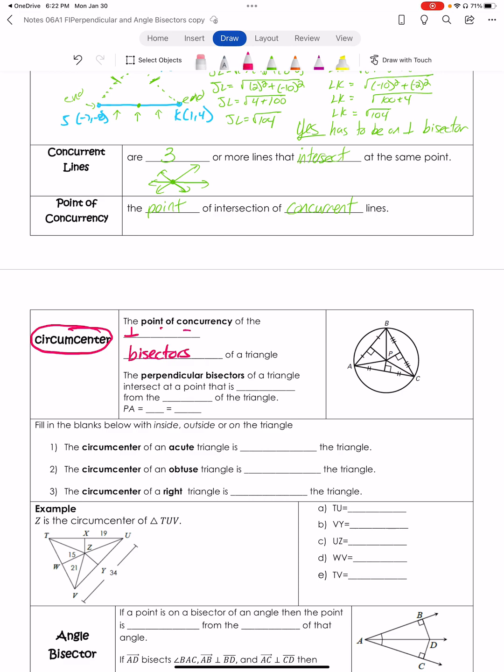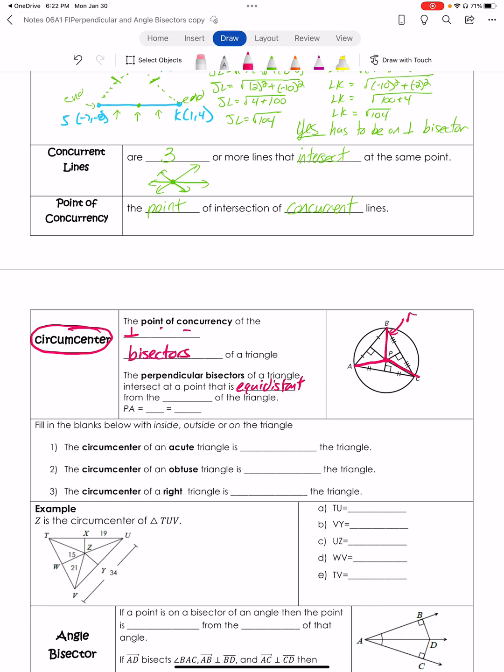The perpendicular bisectors intersect at a point that is equidistant. Talking about point P again, this distance and this distance are the same.